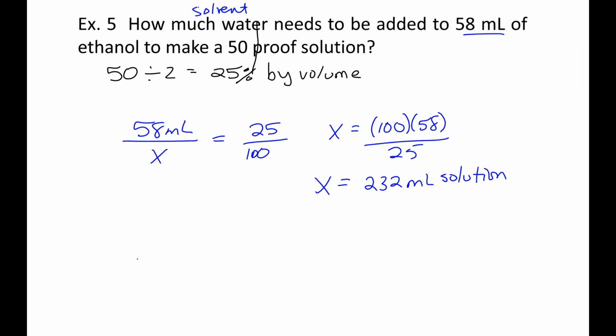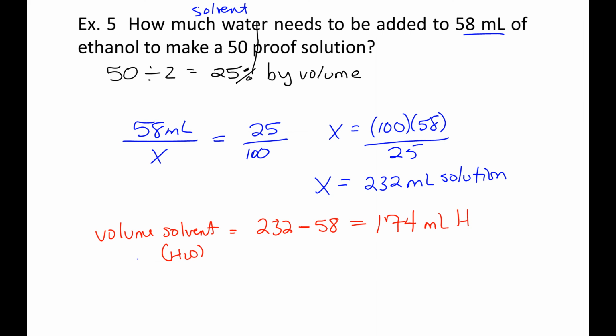So in this case, I'm going to put volume of solvent, which is the water, 232 minus 58, and that gives us 174 milliliters of water should be added. Okay, hopefully that's pretty easy.